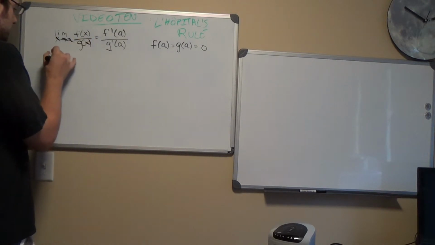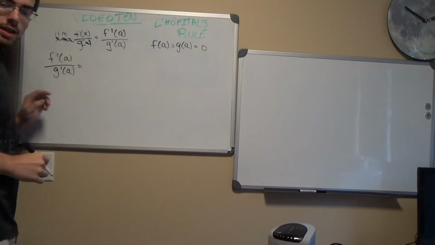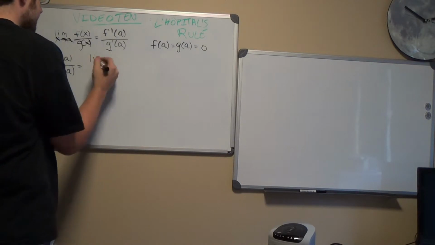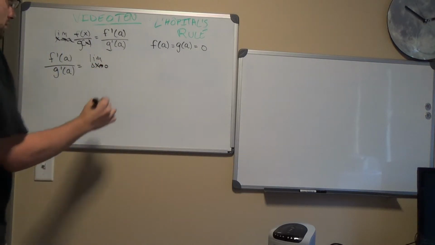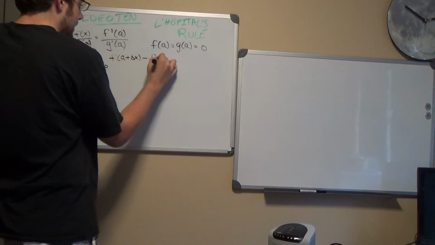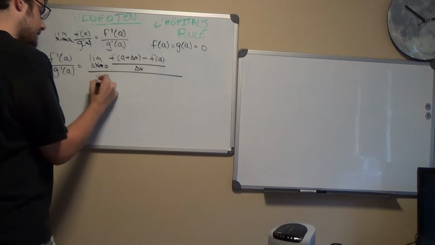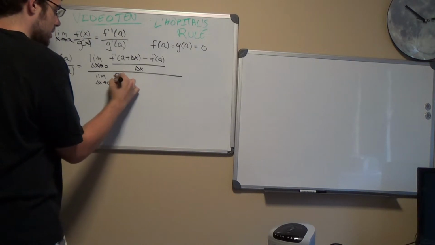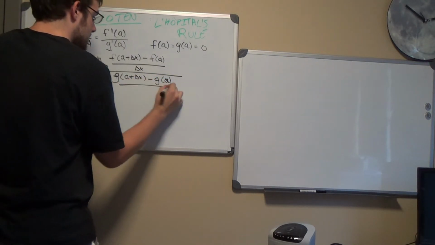If we remember, f prime of a over g prime of a is equal to the limit as delta x approaches 0 of f of a plus delta x minus f of a divided by delta x, divided by the limit as delta x approaches 0 of g of a plus delta x minus g of a divided by delta x.